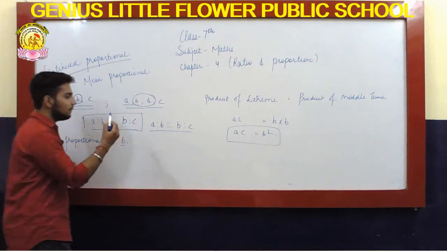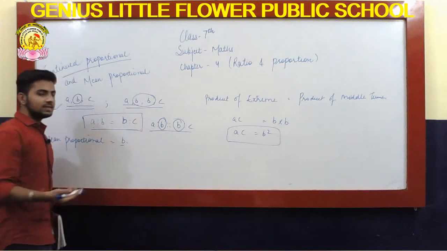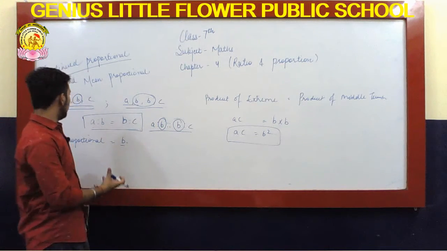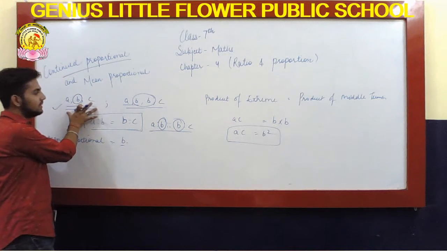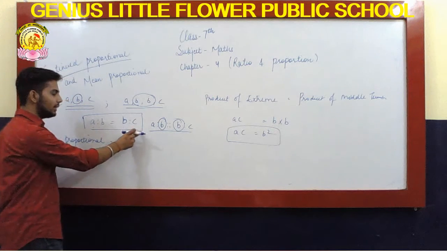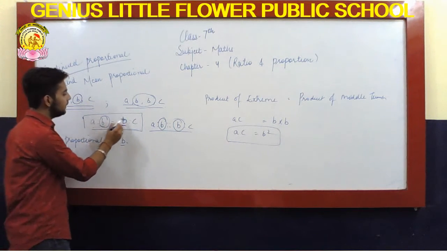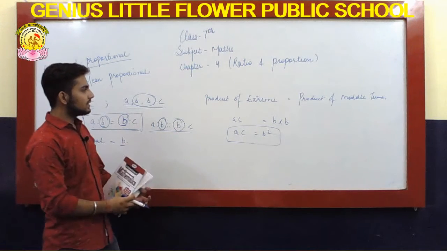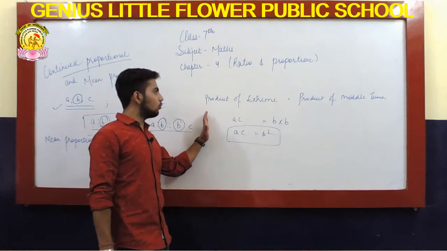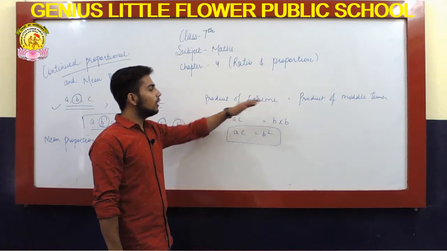So what is mean proportional? B here is the mean proportional, and A, B, C are in continued proportional. Then A ratio B is equal to B ratio C, and the mean proportional here is B. Coming to the previous result, we have proved that the product of extreme terms is equal to the product of middle terms.